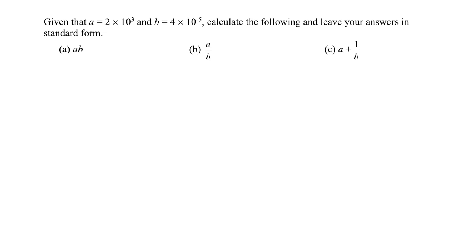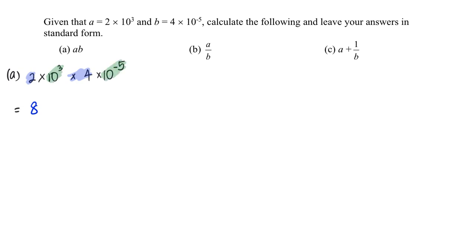AB simply means 2 times 10 power 3 multiplied by 4 times 10 negative 5, and so 2 times 4 is 8. 10 power 3, 10 power negative 5.